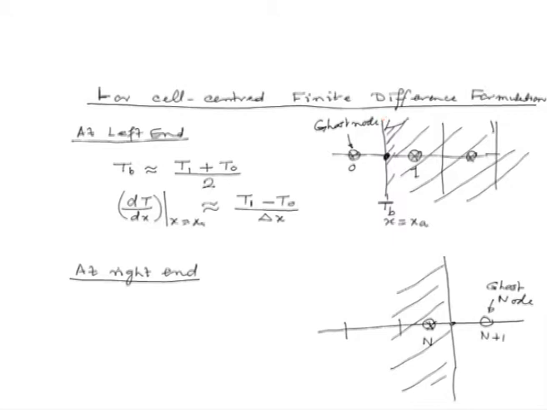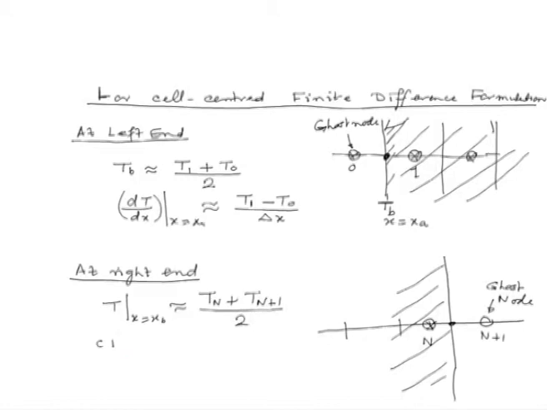Now, what would be the temperature value at the boundary, T at x is equal to xb? This has to be approximated as Tn plus T of n plus 1 divided by 2.